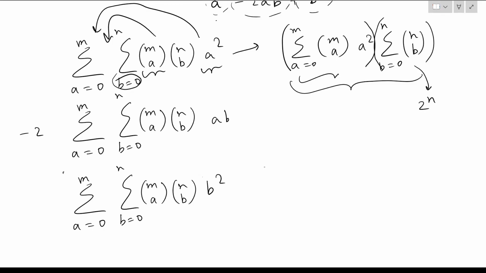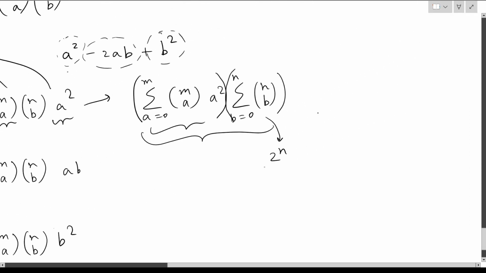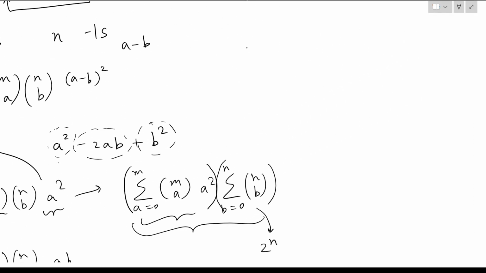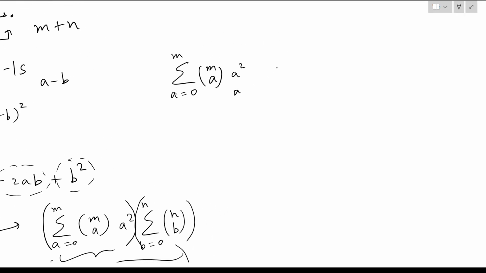And the other expression is this, which is sort of similar in the sense that we now simply have this weird a squared in here. So let's also discuss how to calculate that. In general, if you have expressions of this kind, where you have m choose a times a function of a, maybe a squared, a standard way to do this is by using what are called generating functions.